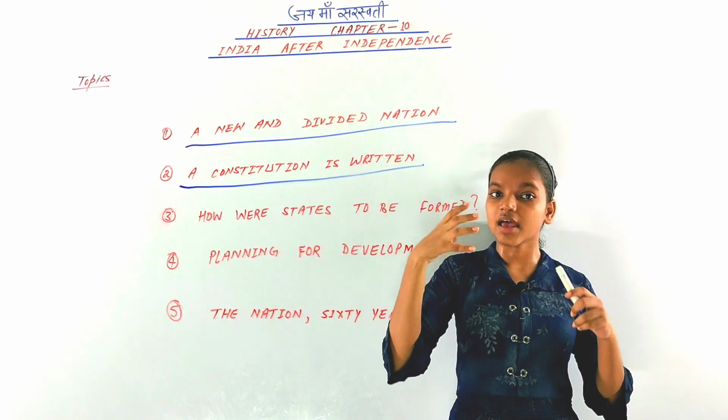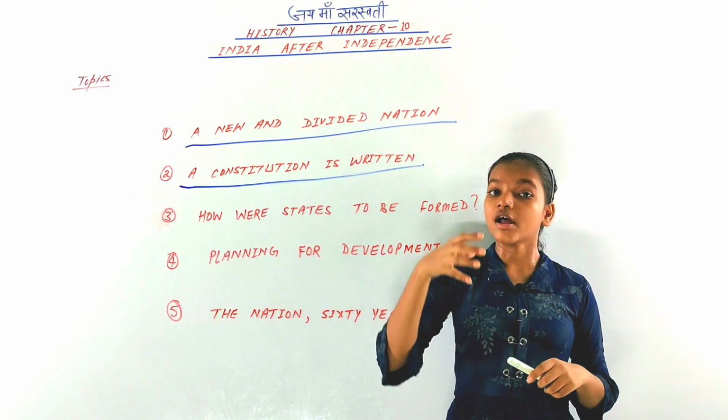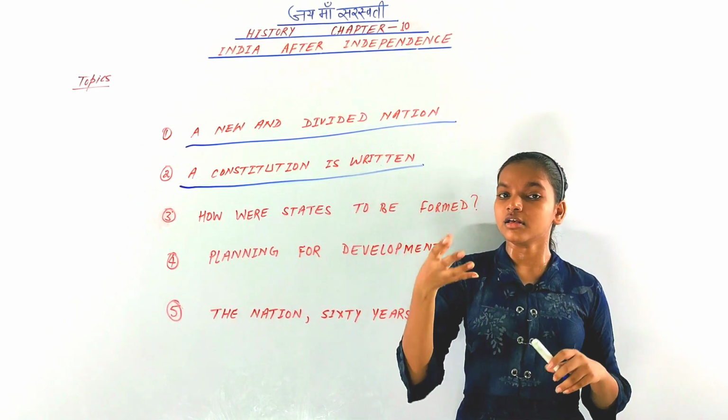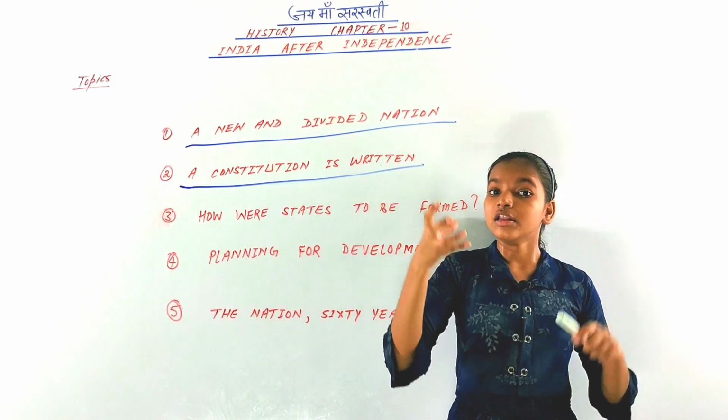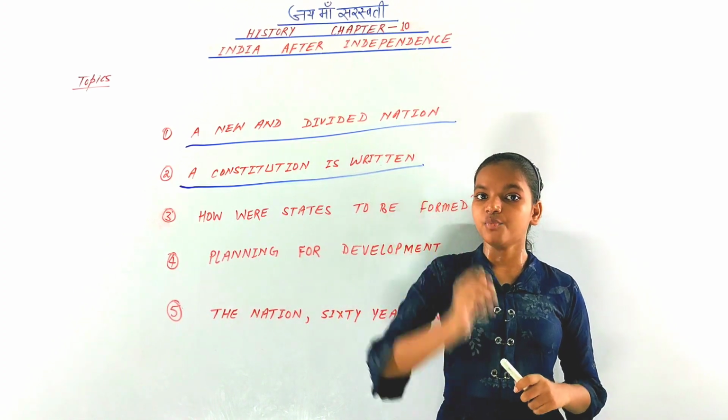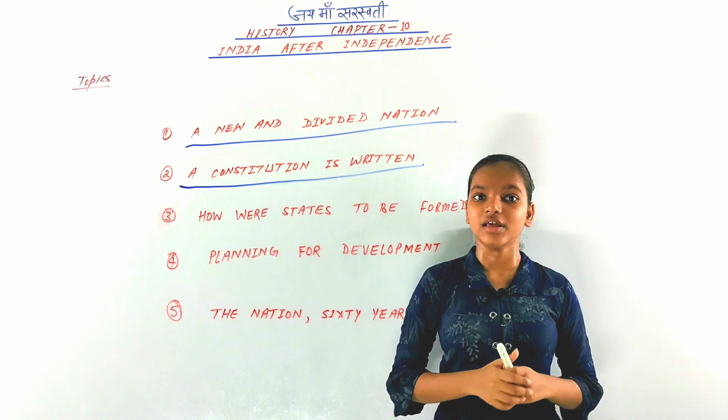So B.R. Ambedkar said we have to focus on economy, because economic democracy was important. There were inequalities between rich and poor. This was his opinion.